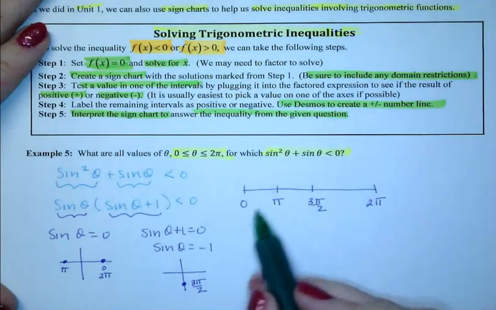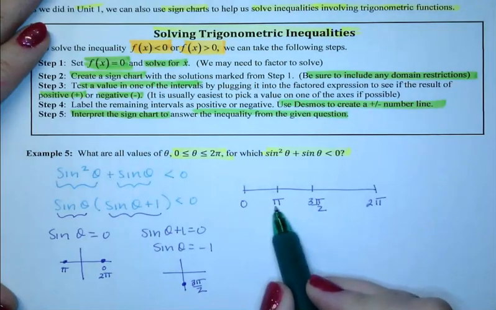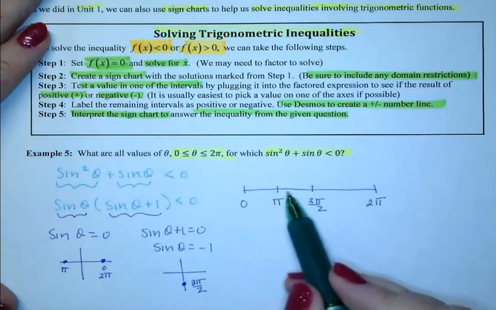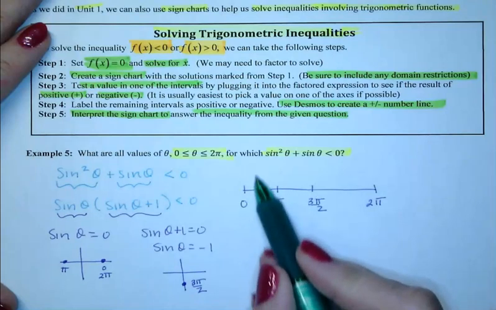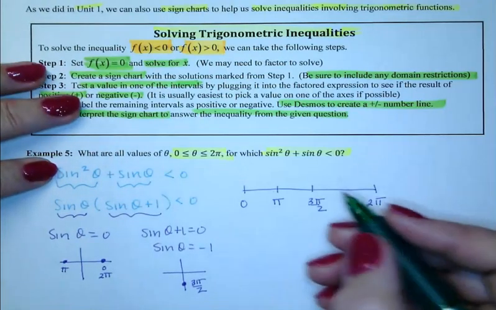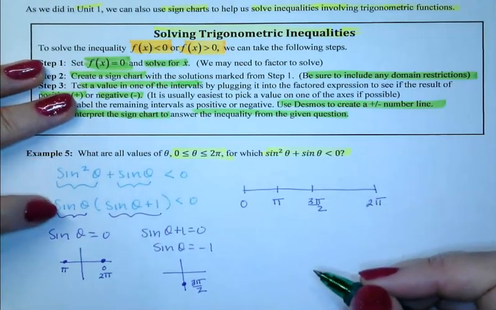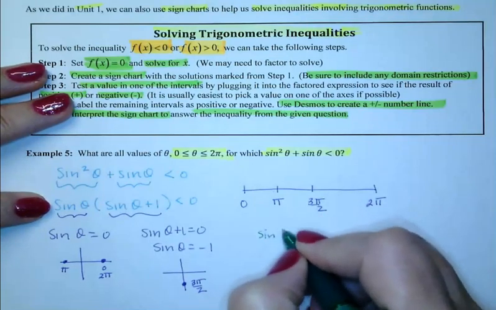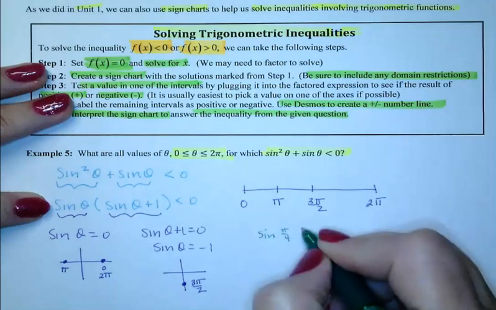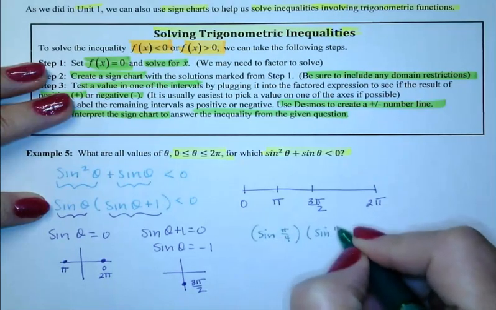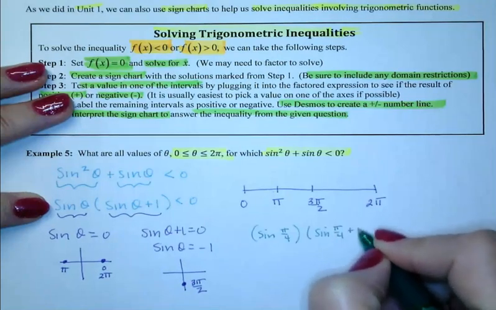So what I mean by that is if I go from 0 to pi, then I could use pi over 2, because remember, it would start here at 0, we'd end over here at pi, and pi over 2 is in the middle. So then I would say, looking at my factored form is usually the easiest, sine of pi over 4, and then I'm multiplying that by sine of pi over 4 plus 1.